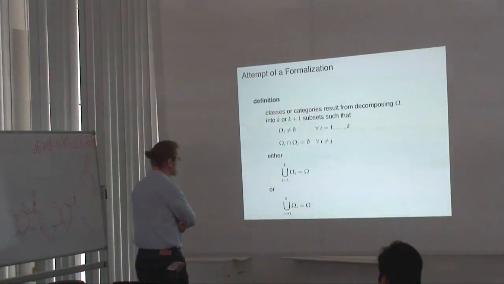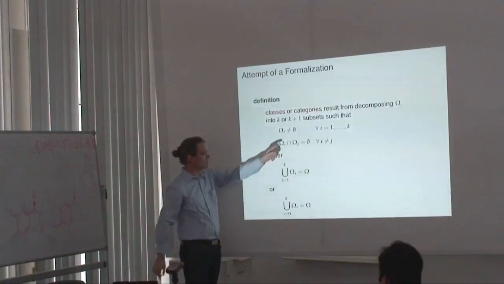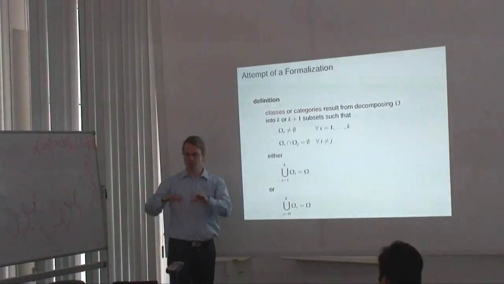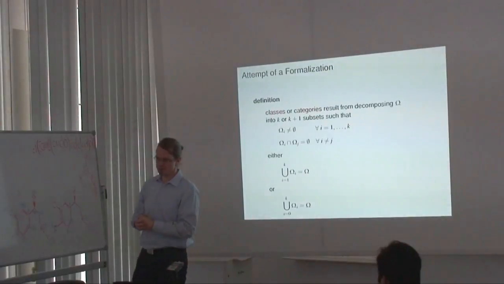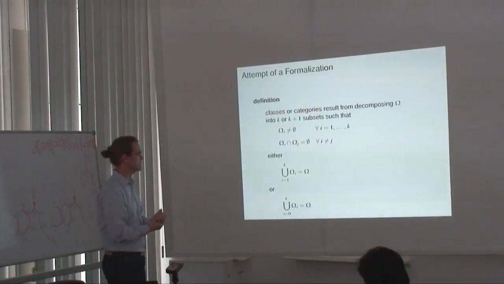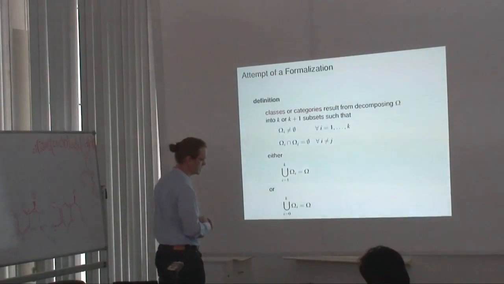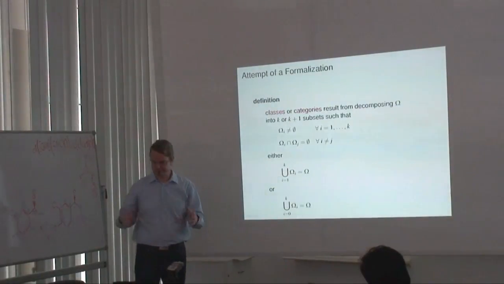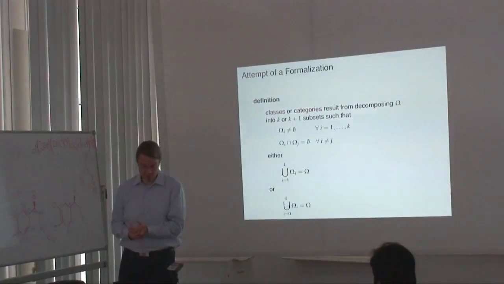And these subsets are supposed to be non-empty, so we do not want to have a class where there is nothing in it. Every class we are talking about, a subset of the problem domain, should actually contain something.